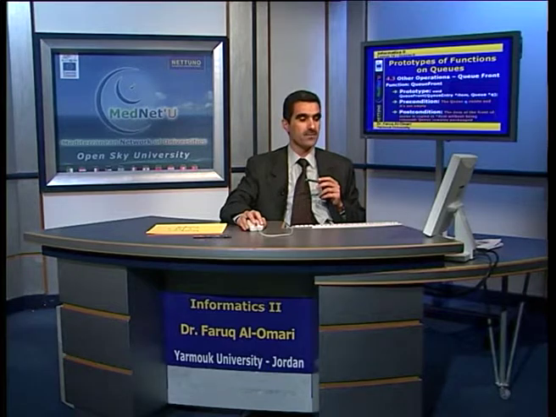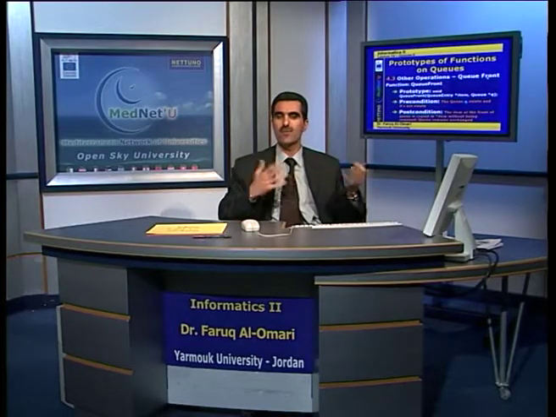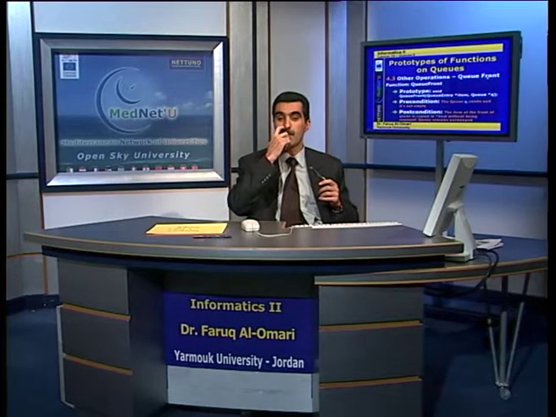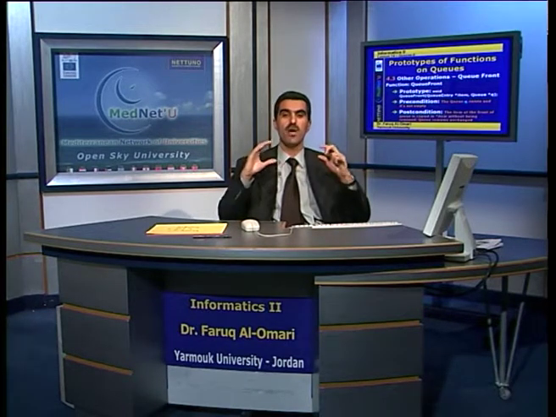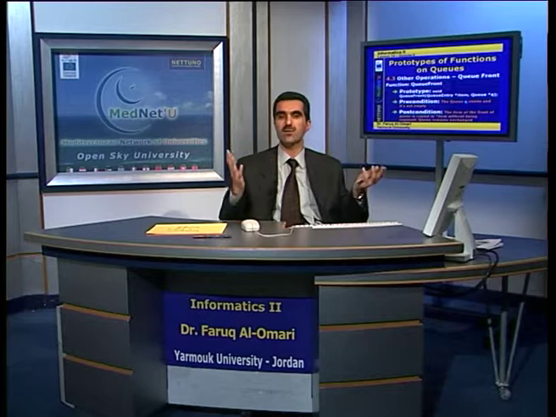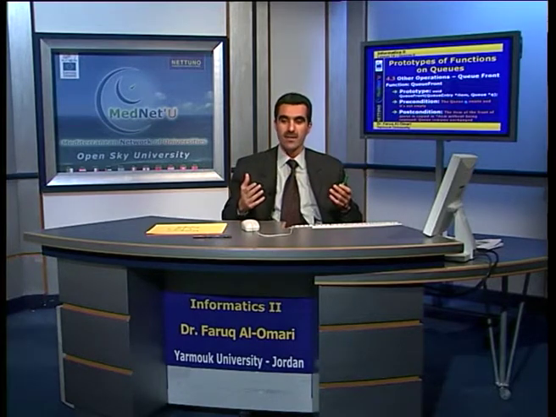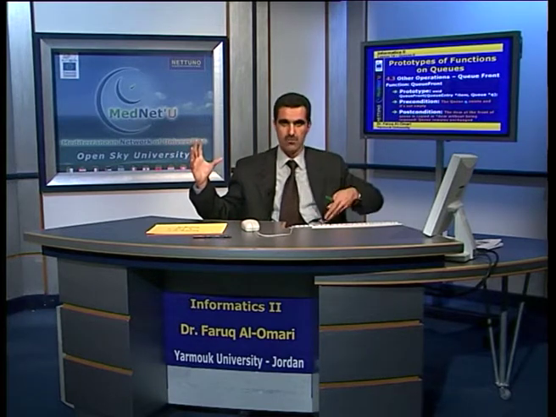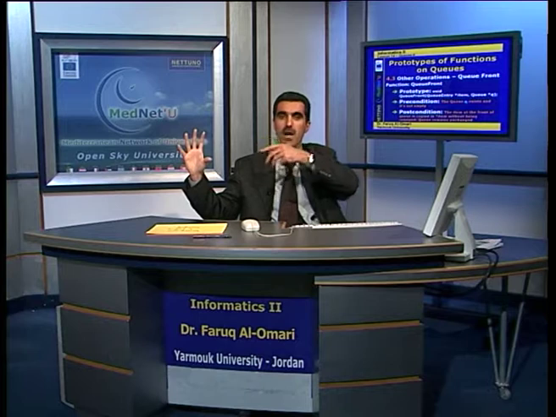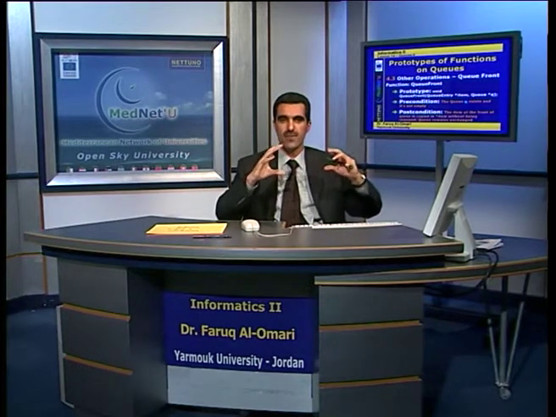Another function is called QFront. Remember when we talked about stack top, or top of stack entry, where we wanted just to make a copy of the entry on top of the stack without removing it. It's the same thing in here. I would like to retrieve into some entry of the same type as the entries inside the queue a copy of whatever I have at the front of the queue.